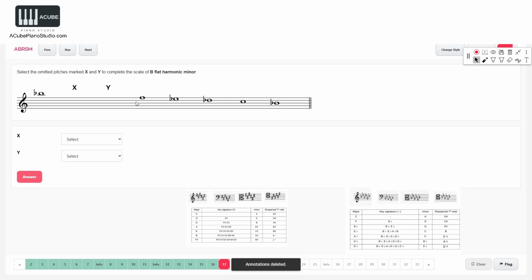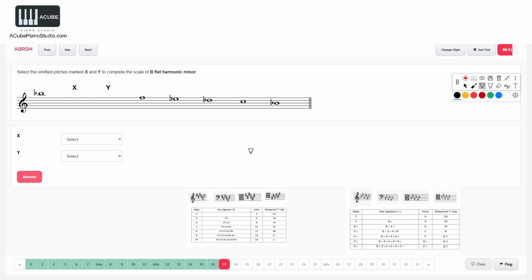All right, next, select the omitted pitch marked X and Y to complete the scale of B flat harmonic minor. Okay, B flat harmonic minor, what key signature does it have? Use your key signature chart.